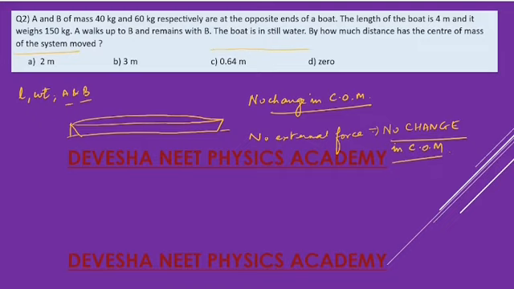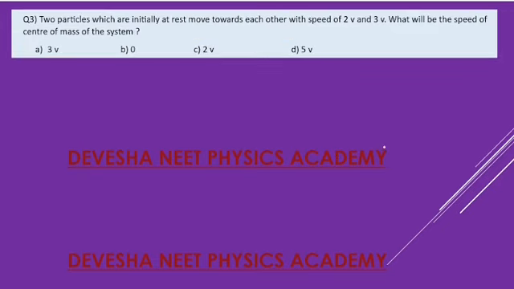Let's go to the next problem now. Two particles which are initially at rest move toward each other with speed of 2v and 3v. In this case also, if you look at the entire system, there's no external force applied here. They're just moving towards each other.